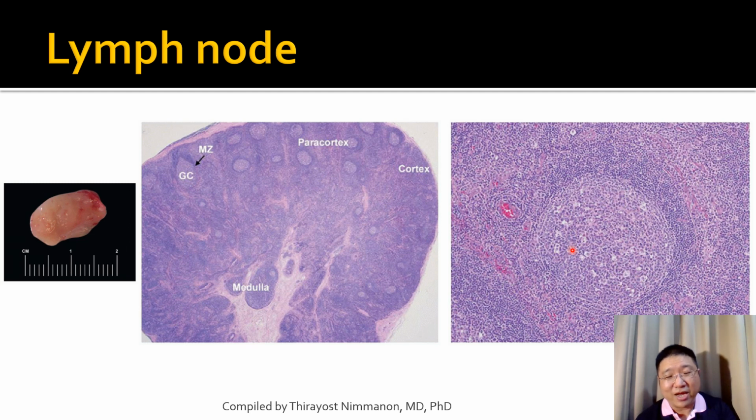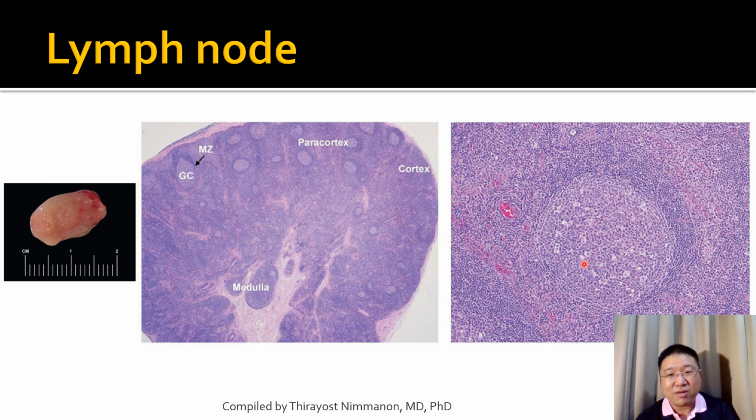In this area, we will see centrocytes, centroblasts, plasmablasts, immunoblasts, these cells. And one important feature that we should observe within the normal or reactive germinal centers is these tingible body macrophages.